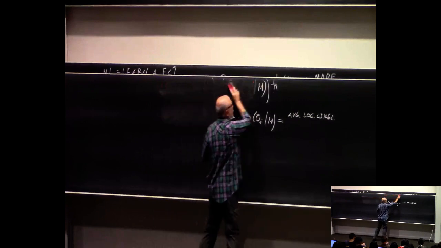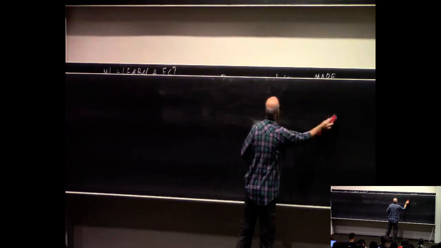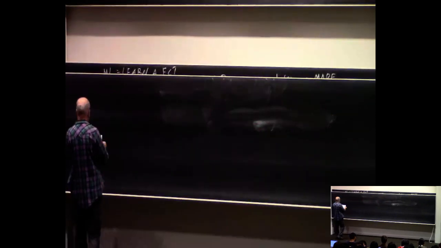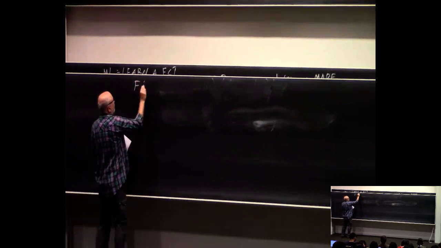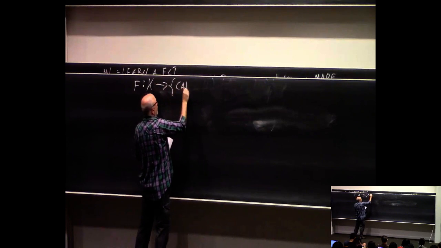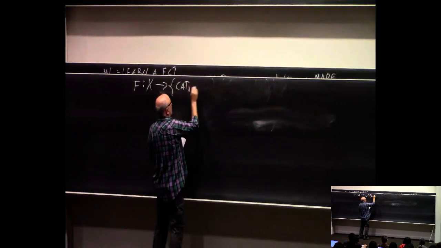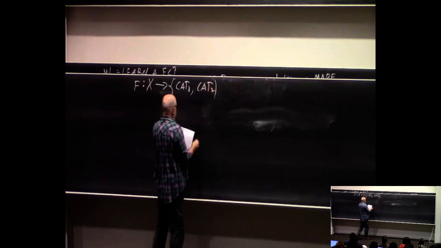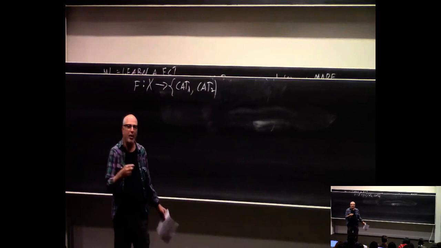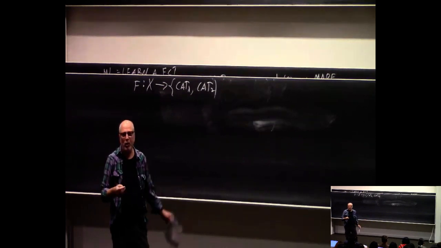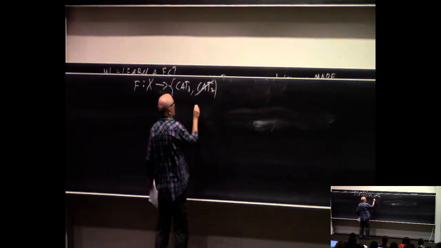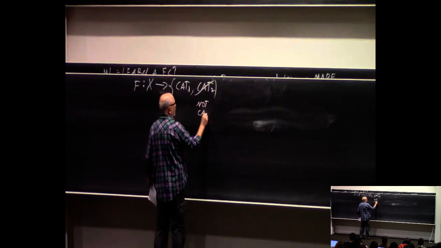So our problem for the next lecture or 2 is going to be to learn a function from some input, which I will call x, into 2 categories, or 2 classes, category 1 and category 2. Because there are only 2 categories, I only need one name. I don't need the name for category 2. I can just call it not category 1, right?